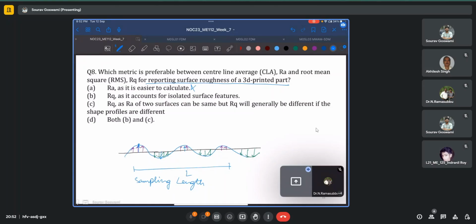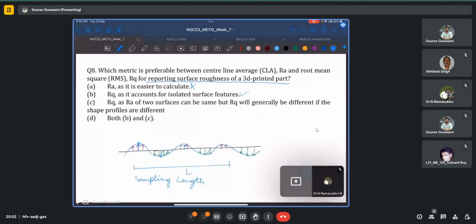RA can be the same for two surfaces, but RQ will generally be different if the shape profiles are different. So what is this trying to say? Let us examine. It is possible that you have different surfaces which have such profiles.